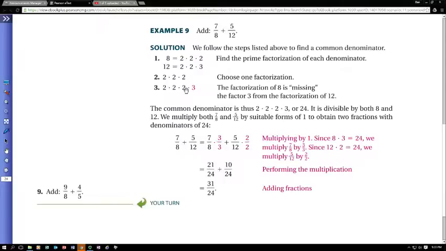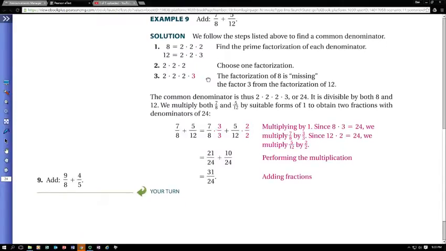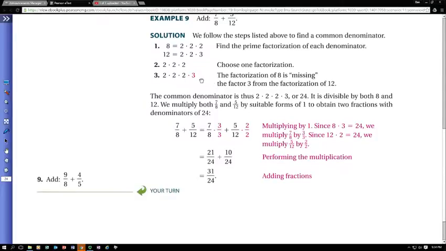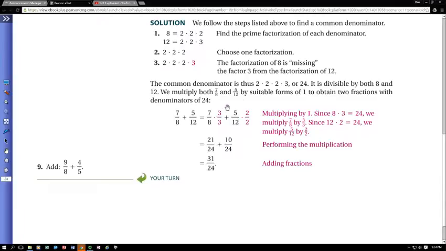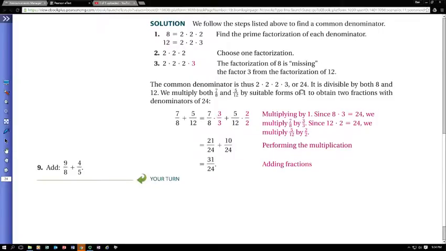So the 2's are commons, and then I have this extra 3. And what I did with the Venn diagramming in the other video really does this too. And then I just multiply what's there, only representing the commons once, which would be 2 times 2 times 2 times 3, which is 24.